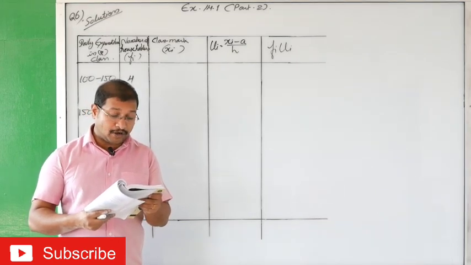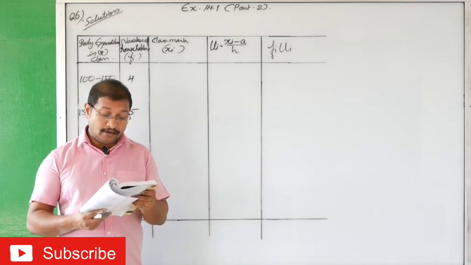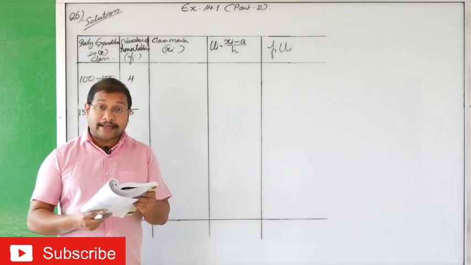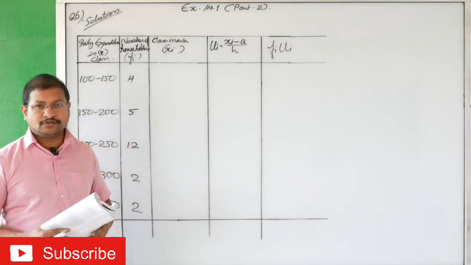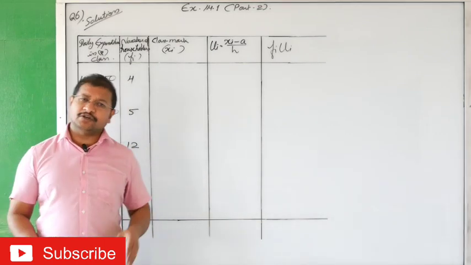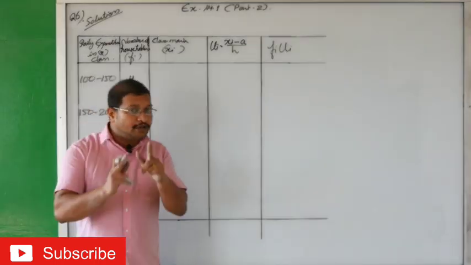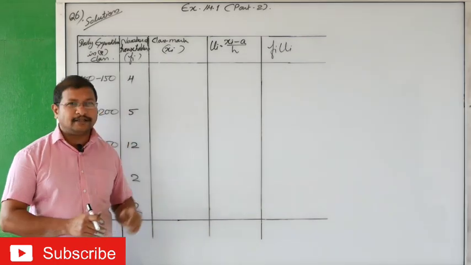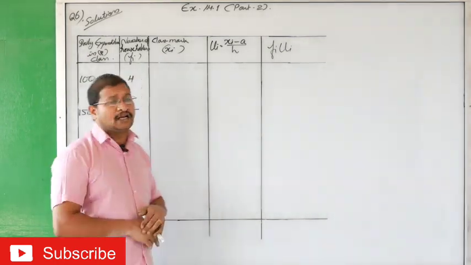And the number of households is given: 4, 5, 12, 2, 2. Now, find the mean daily expenditure on food by a suitable method. So we can use step deviation because that is the easiest method. Make sure you write the question in your copy, because I am not writing the question here. We are starting directly with the solution. Ready? Let's start the work now.